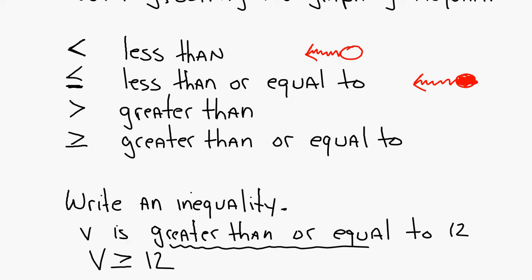Greater than, when you're graphing, is an open circle, shaded to the right. And greater than or equal to is a closed circle, shaded to the right. All right, so just make sure you've got that in your notes.